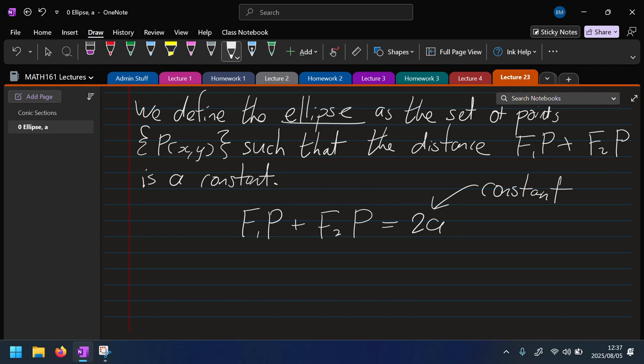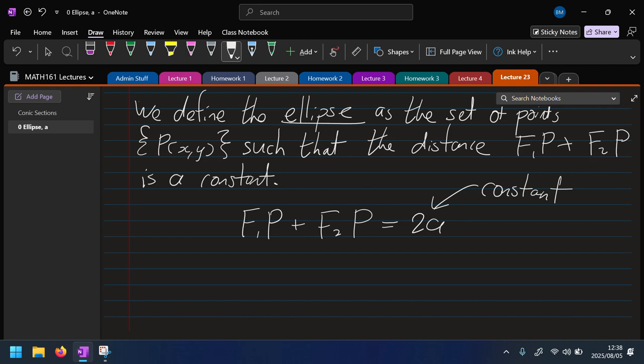Now, from here, we just use the distance formula. So the distance from F1 to P, we use the distance formula. F2 to P, we use the distance formula. And then the rest is just algebra. So for this one and the parabola, I will do all of the algebra for you so you can see how to do it. The third one, that will be for homework.